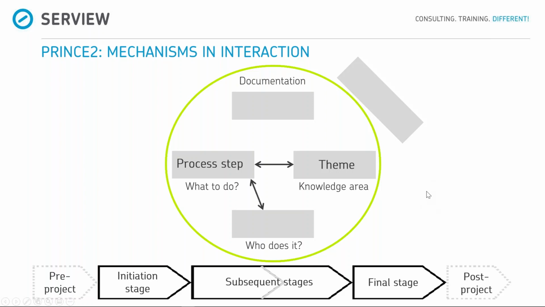So to be sure who does what, Prince has defined roles and responsibilities that tell us exactly what role is responsible for what. What does a project manager do? What don't they do? What does an executive or a sponsor of a project do? What do they need to decide? What do they delegate? Where are they responsible? Where are they accountable, for instance? And obviously, that is tied to specific knowledge areas as well.